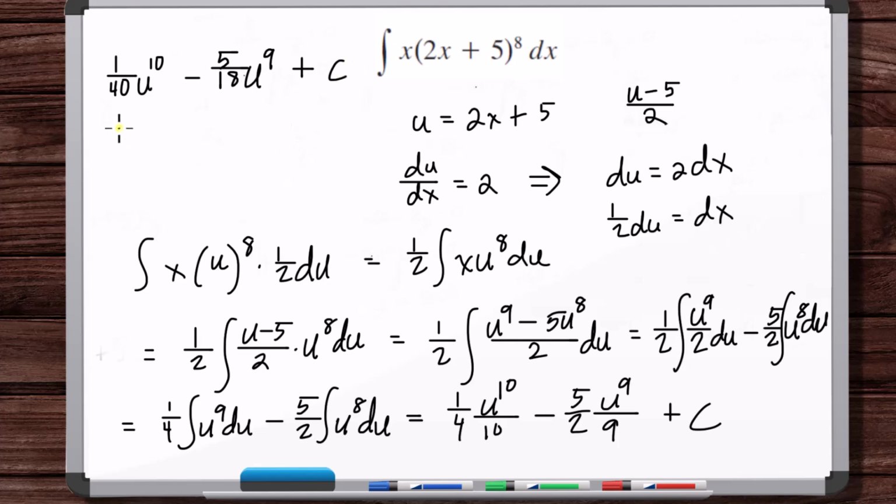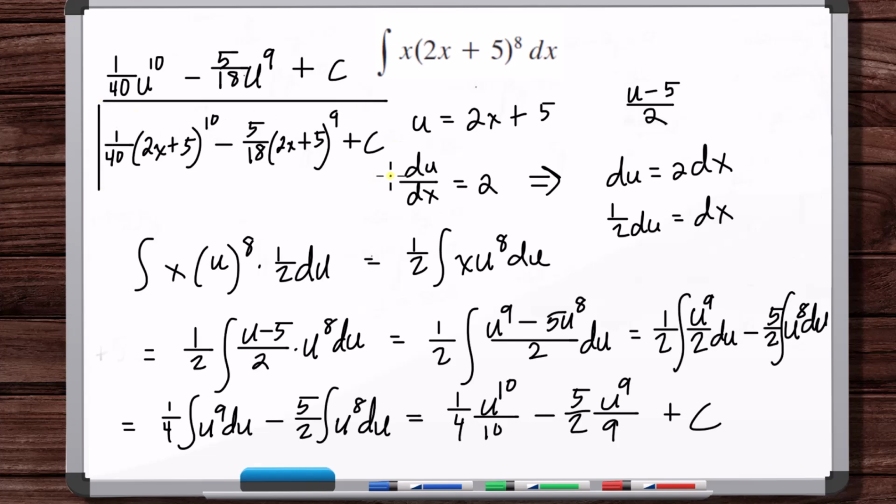So 1/40, 2x plus 5 to the 10th, minus 5/18, 2x plus 5 to the 9th, plus c. That's the answer.